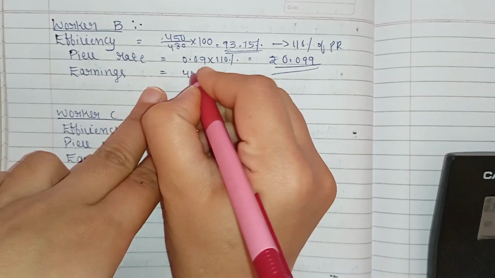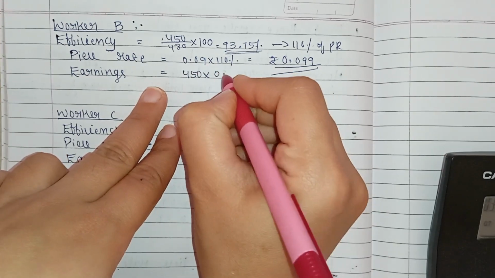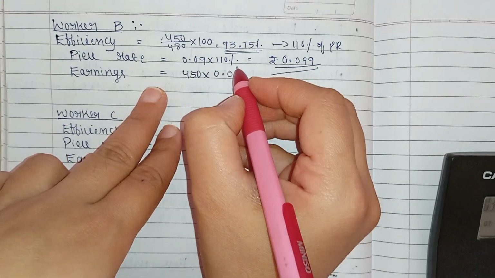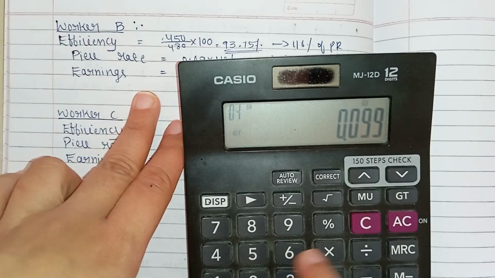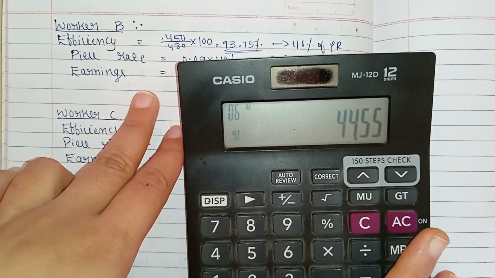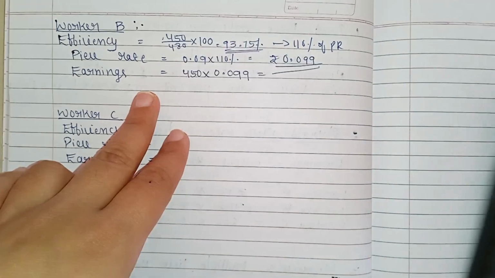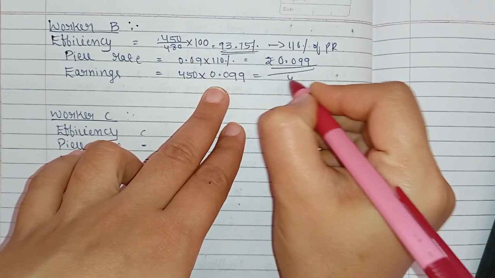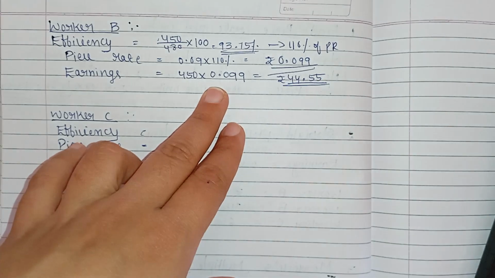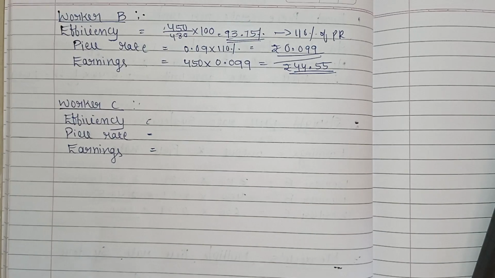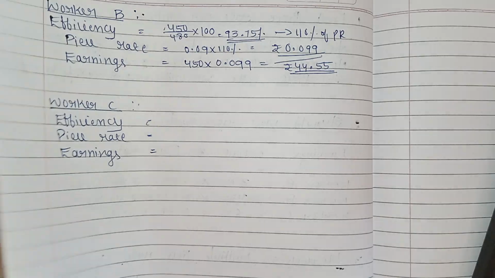The actual output is 450 units and the 110% of ordinary piece rate is 0.099. So into 450, 44.55. So the earnings of worker B is rupees 44.55.